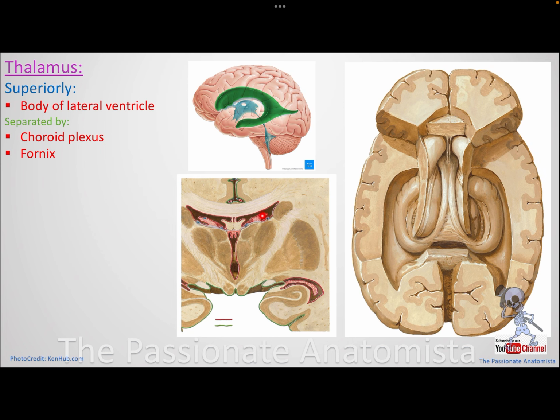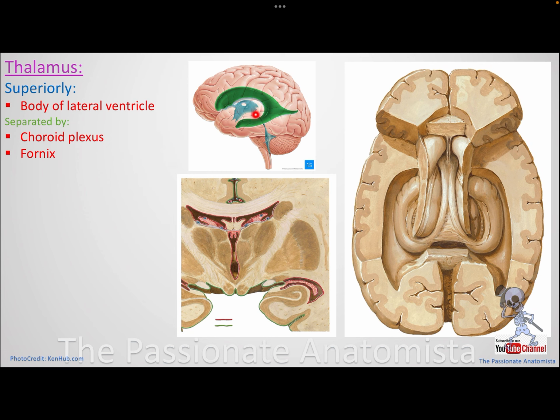What is above you, we made a deal, is the body of the lateral ventricle. Is that all we need to know? No, because for the body of the lateral ventricle, or any dilatation in the ventricular system, you need to know that there is a choroid plexus forming the CSF that swims in those ventricles. So the superior relation, other than the body, is the structure that forms the CSF in the body, which is the choroid plexus.